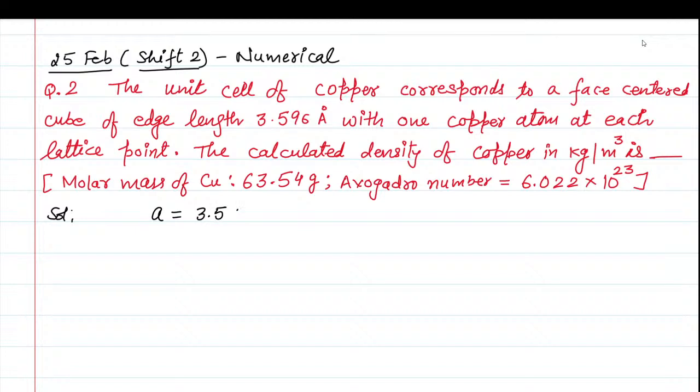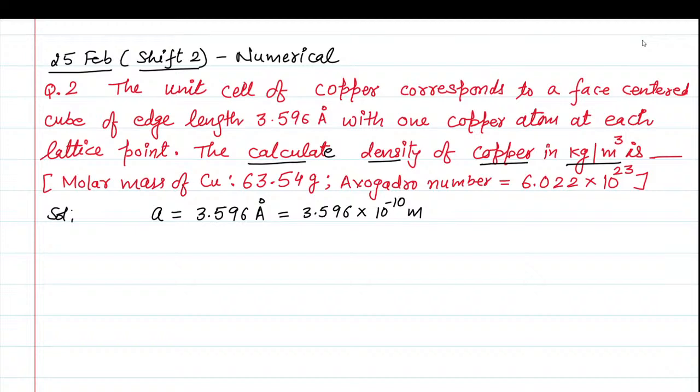That is 3.596 angstrom. Calculate the density of copper in kilogram per meter cube. That means a should be in meters, that is 10 raised to power minus 10 meter. Then, with one copper atom at each lattice point.